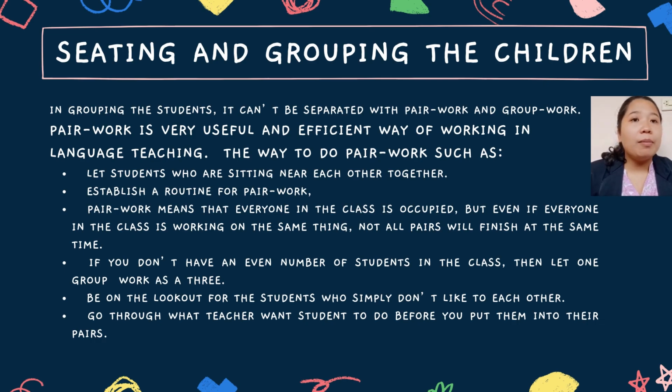This is more of a problem with 8 to 10-year-olds than with 5 to 7-year-olds. And the last one is, go through what the teacher wants students to do before you put them into their pairs. And then about group work, everything which has been said about pair work applies to group work.